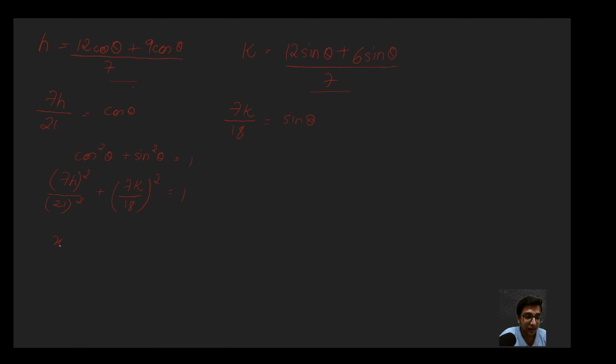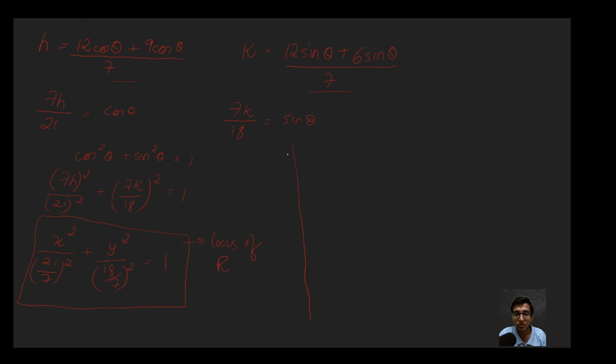So what would we get? x square upon (21 by 7) whole square plus y square upon (18 by 7) whole square is equal to 1. So we found out the locus of R. This is our locus of R. We found out the equation of our ellipse.